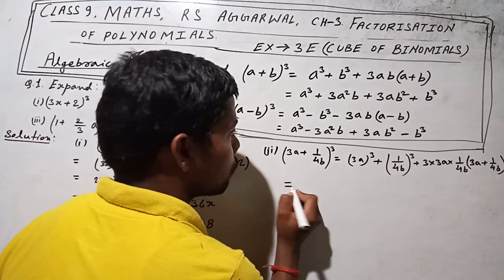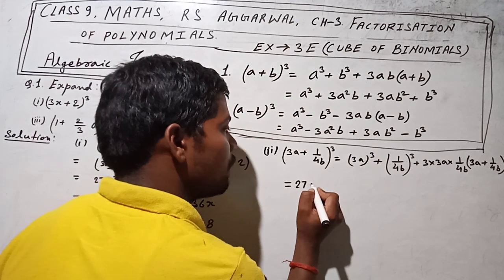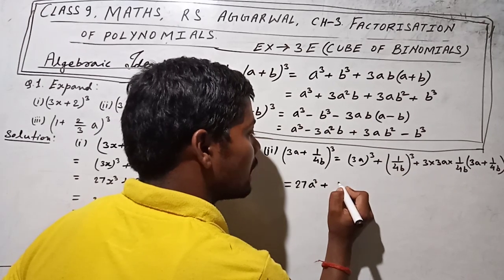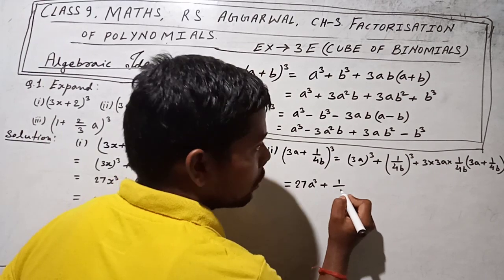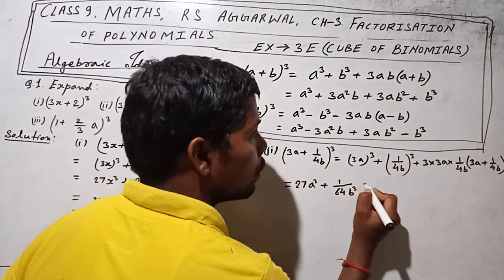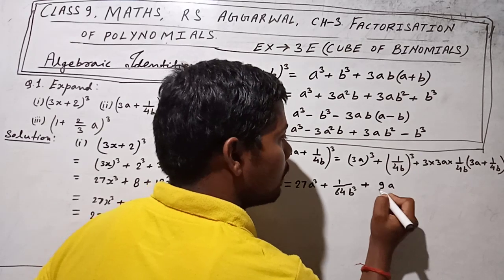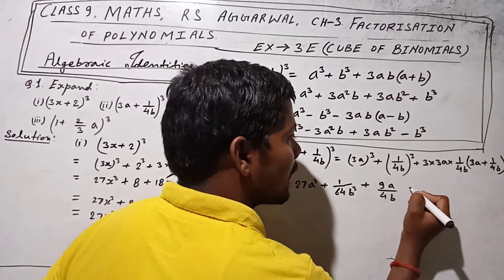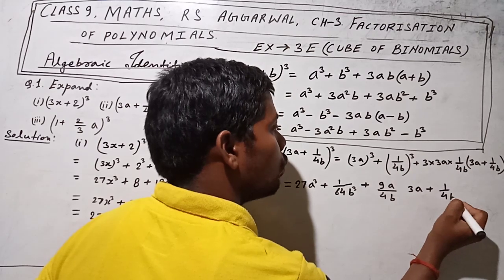Now solving this, 3 cubed gives 27, a cubed gives a cubed, plus 1 cubed gives 1, and (4b) whole cubed gives 64b cubed, plus 3 threes are 9a by 4b, and inside the bracket we have the binomial 3a plus 1 by 4b.